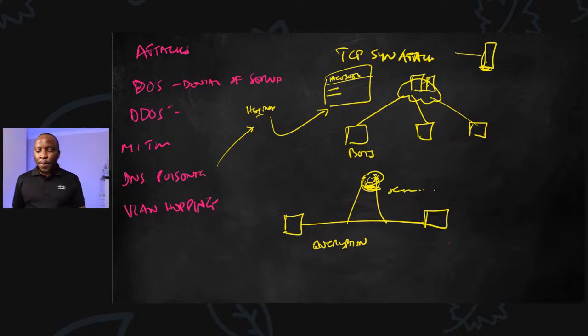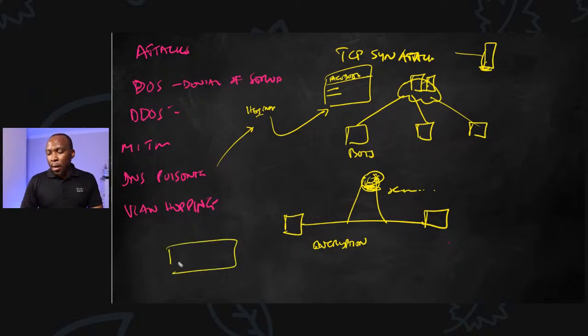And then VLAN hopping is where someone connects to the network and they start hopping between different VLANs beyond what they're meant to have access to. Because remember, VLAN is a virtual local area network.